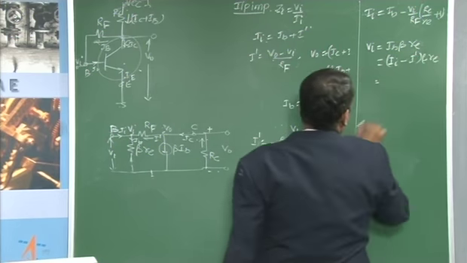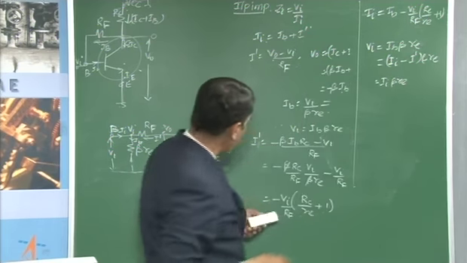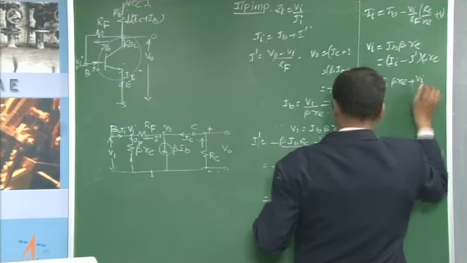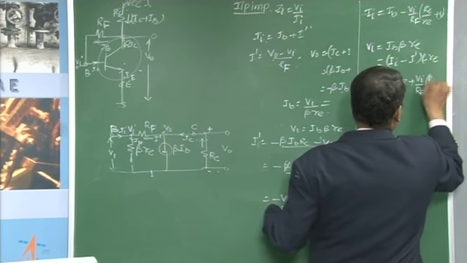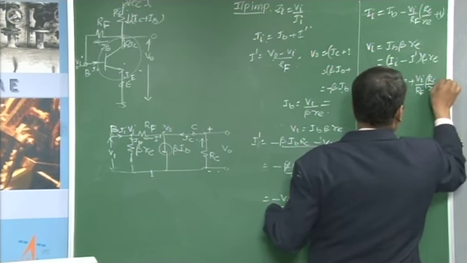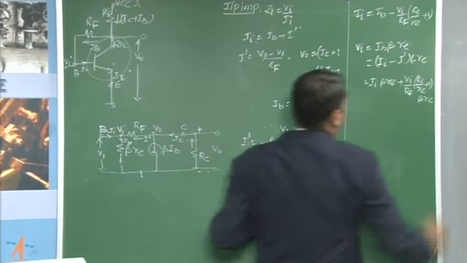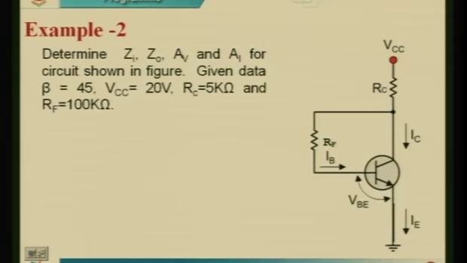Here I dash is given by this expression; minus into minus will become plus. This is equal to Vi divided by Rf into Rc by Re plus 1, into beta Re. You have to solve for Vi.